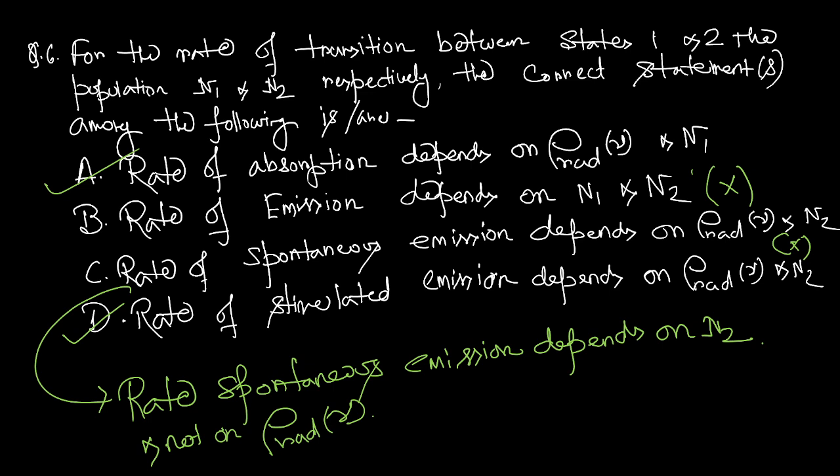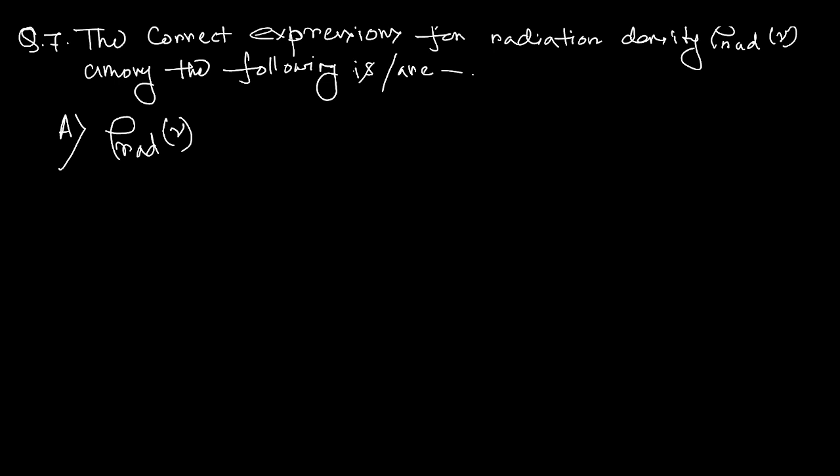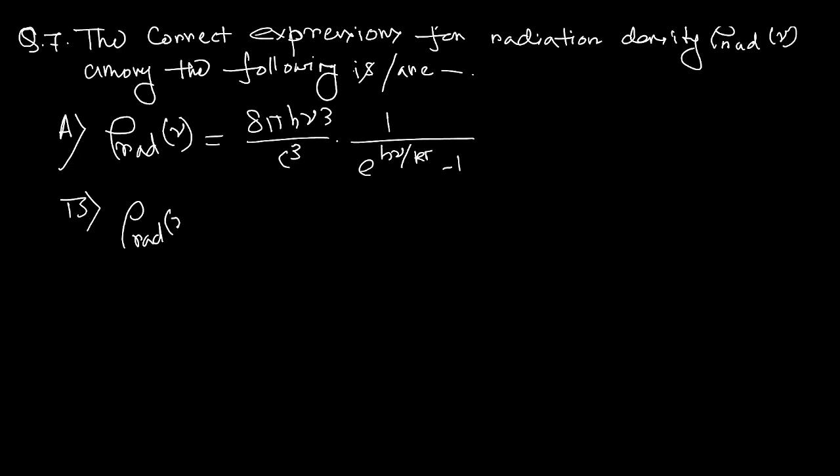Is it correct? The last option is correct. N2 and radiation. Okay. Pi h, B12, C.